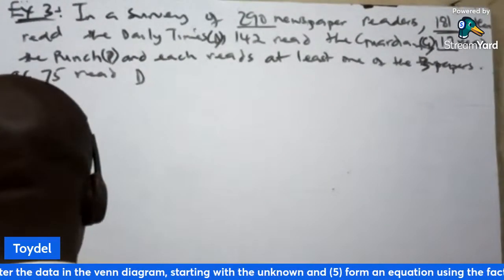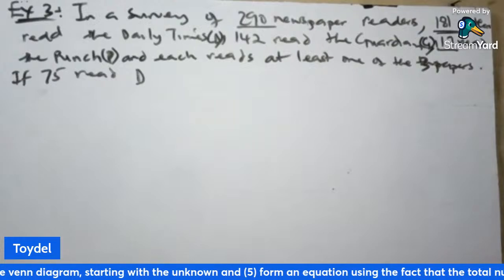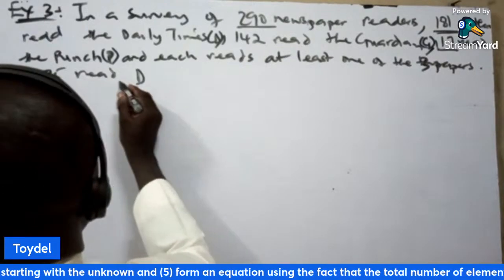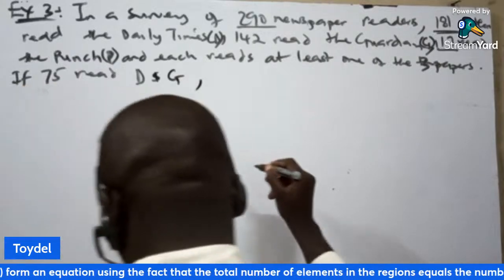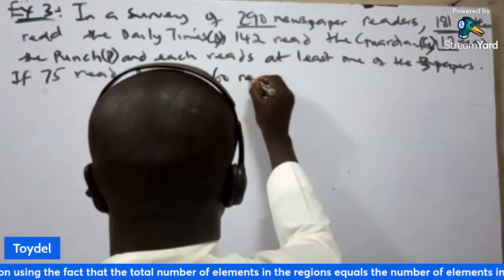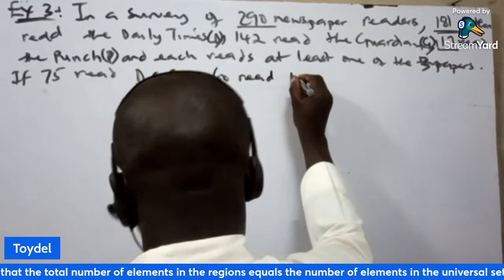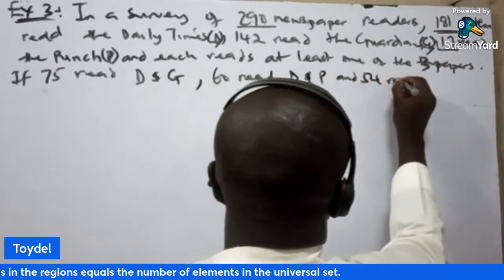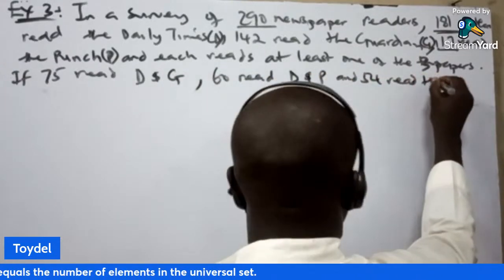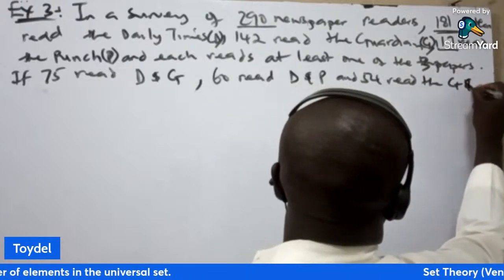So 75 read Daily Times and Guardian, and 60 read Daily Times and Punch, and 54 read the Guardian and Punch.